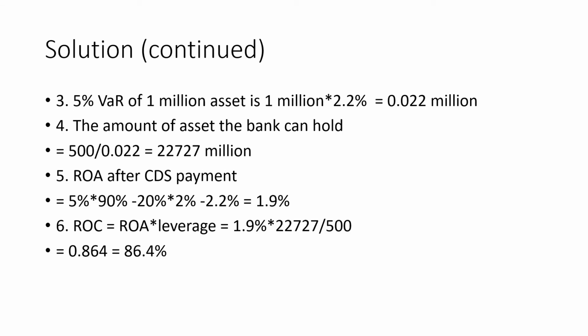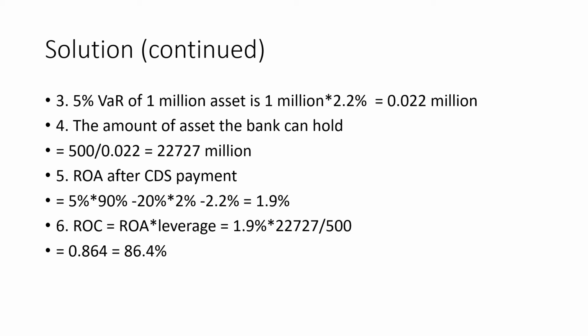At a 5% cutoff, the loss is 2.2%. So the 5% value at risk of a $1 million asset is 1 million times 2.2%. It is equal to 0.022 million.